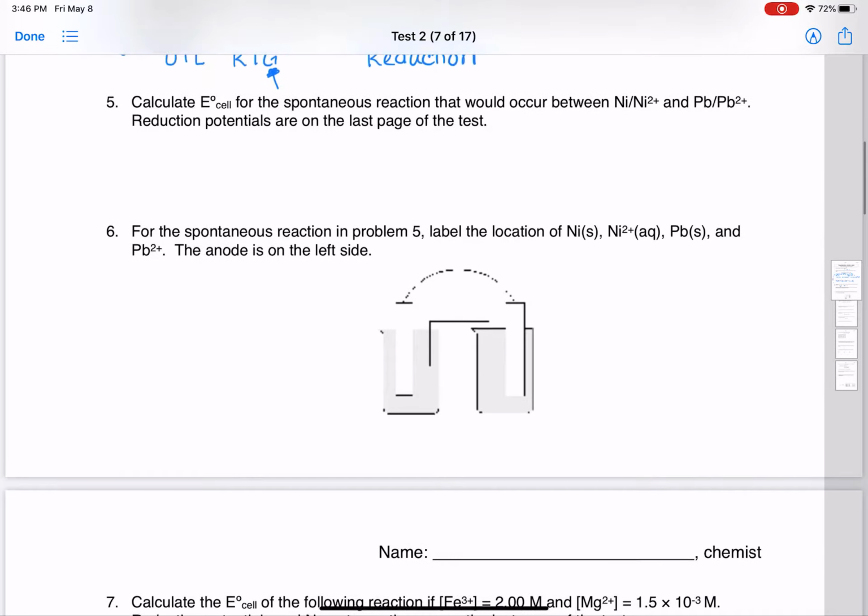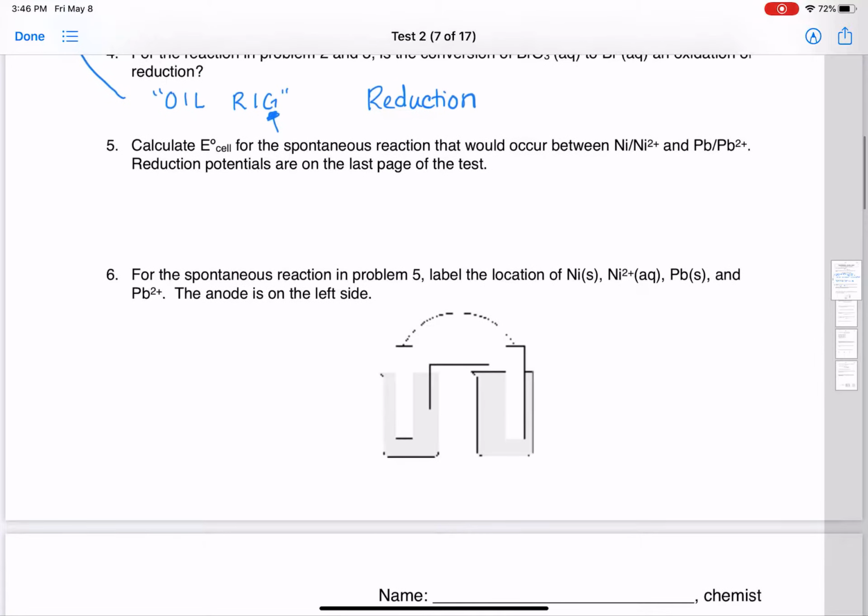Number 5, calculate E cell for the spontaneous reaction that would occur between nickel and lead. The reduction potentials are on the last page. So since this is telling us it's a spontaneous reaction, that just means that we need to figure out how to get a positive E cell.